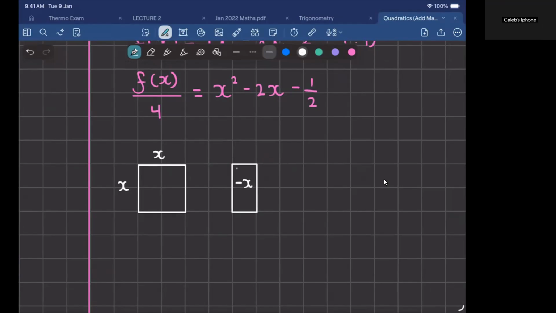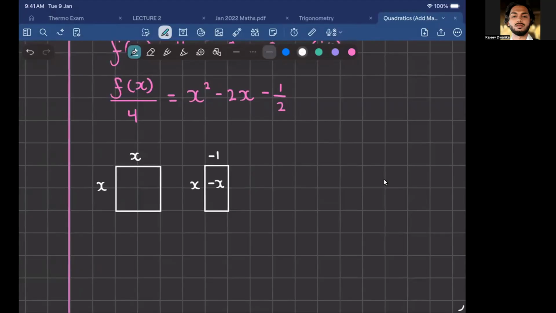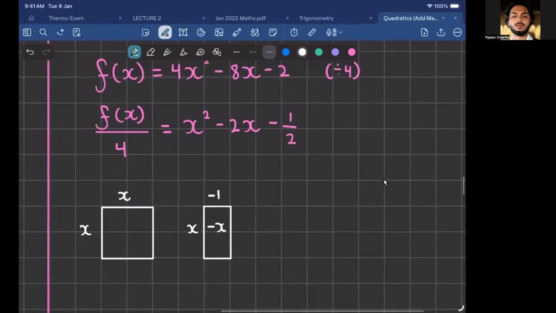So what would the top dimension be then? It would be negative 1. And this dimension would be? What would I need to multiply by minus 1? Minus x.